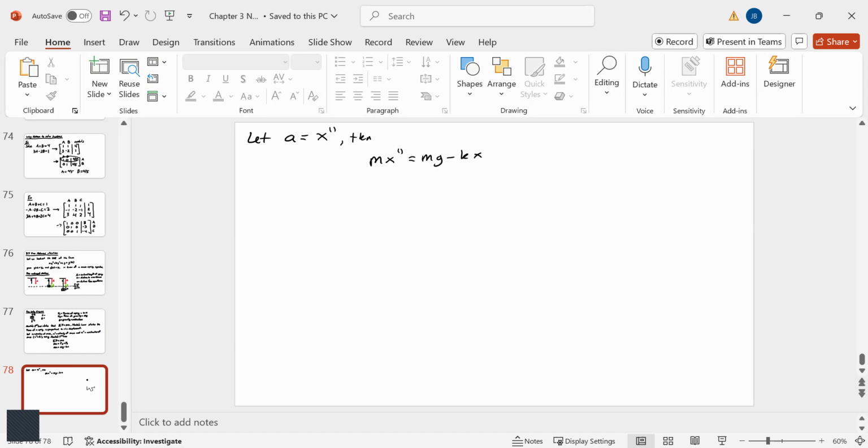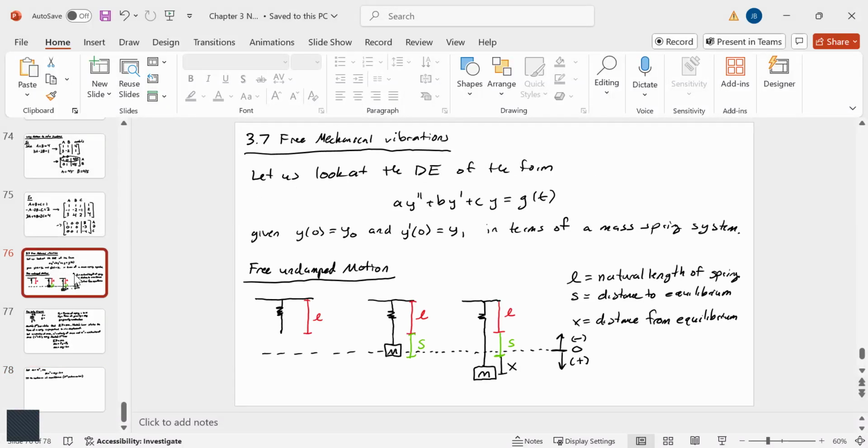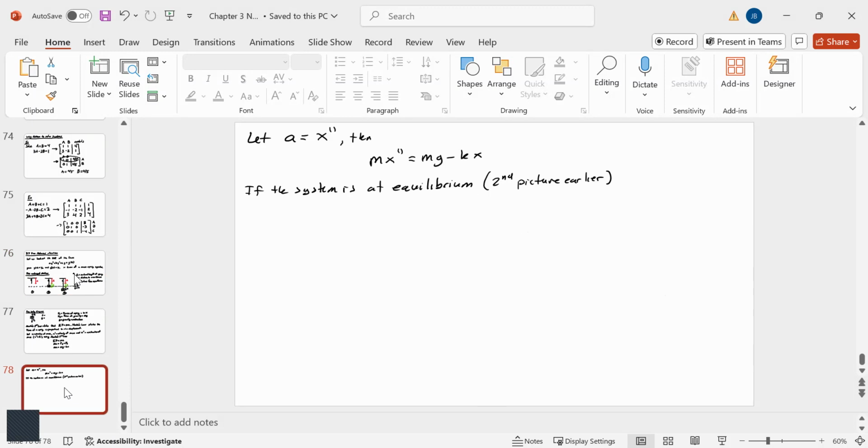So, if the system is at equilibrium, so this would be the second picture earlier, the middle one, picture 1, 2, and 3, the second picture, then when you're at equilibrium, there is no acceleration. Now, that doesn't mean you're not moving. You can be moving and still be at equilibrium.